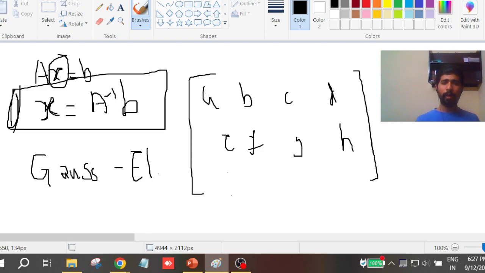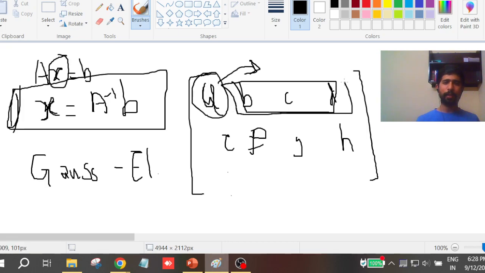Now we first try to check whether this matrix has diagonal dominance or not. That is also very important: the diagonal element should be greater than the sum of the other elements. We check whether that is true or not.